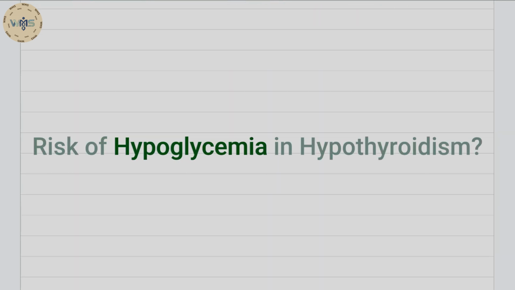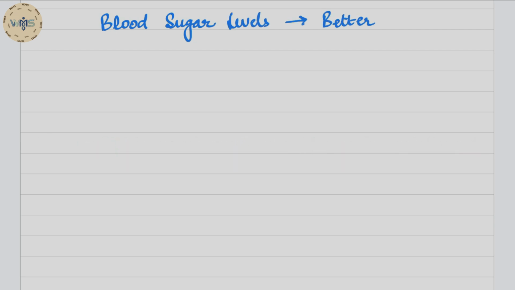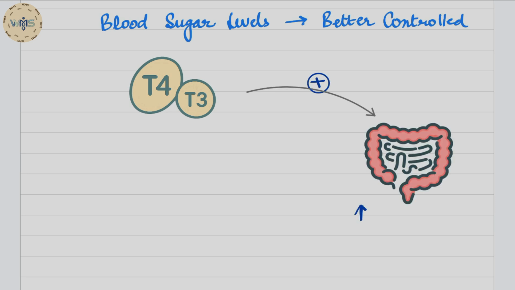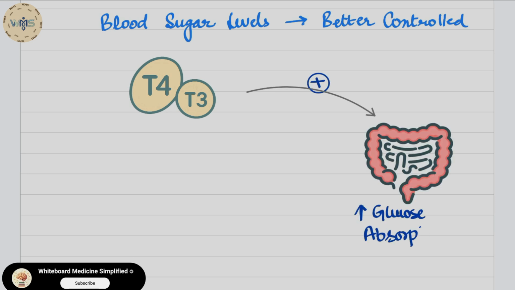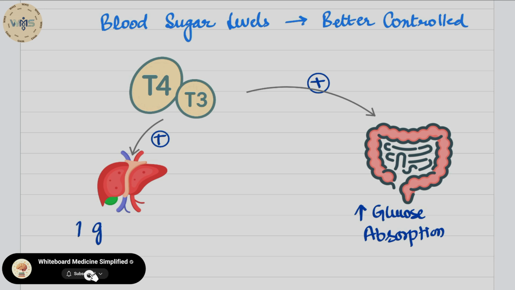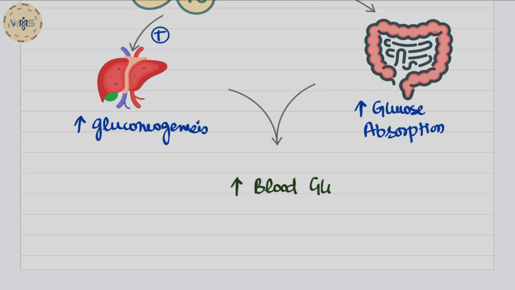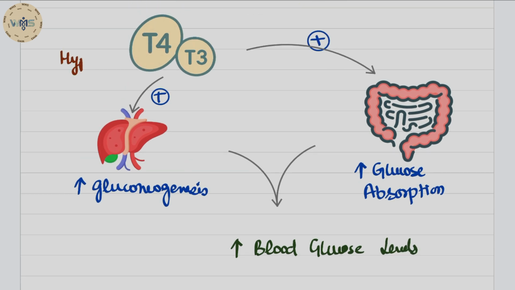In hypothyroidism, the blood sugar level may appear better controlled. Normally, the thyroid hormone increases glucose absorption from the intestine and stimulates gluconeogenesis in the liver. Both cause raised blood glucose level. However, in hypothyroidism, there is reduced glucose absorption from the gut and decreased gluconeogenesis, leading to lower blood glucose level.